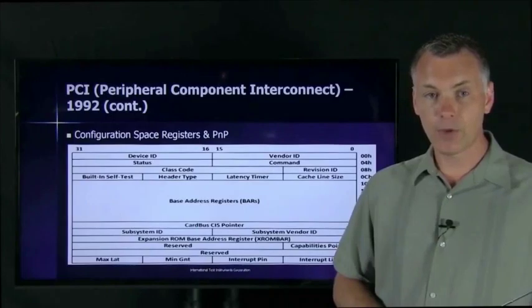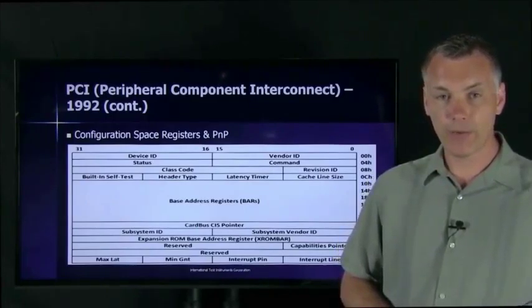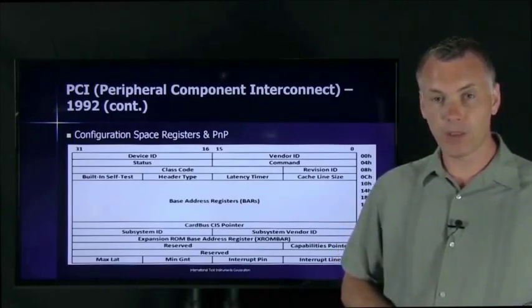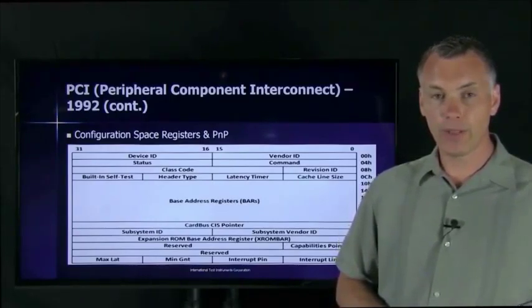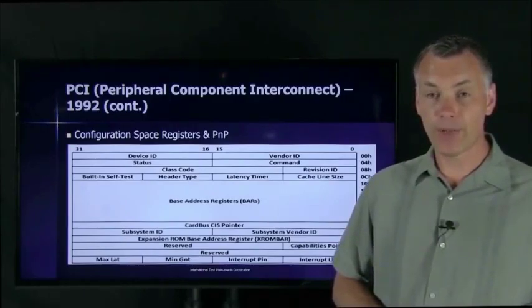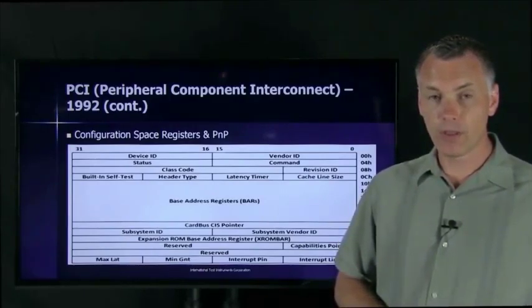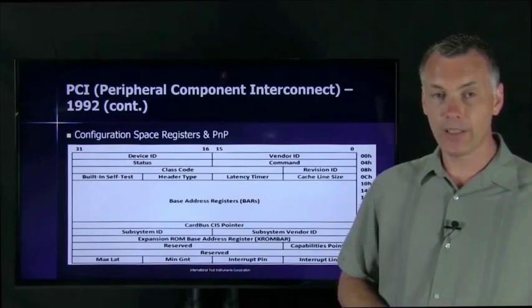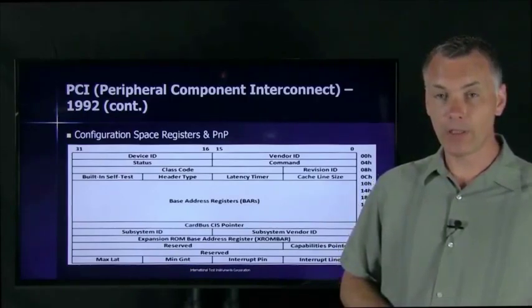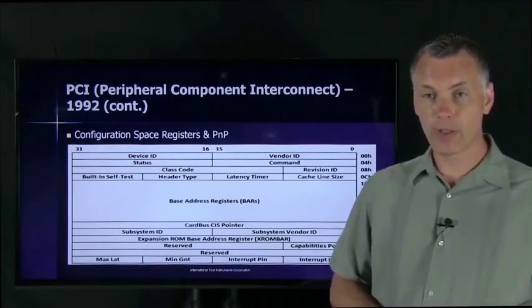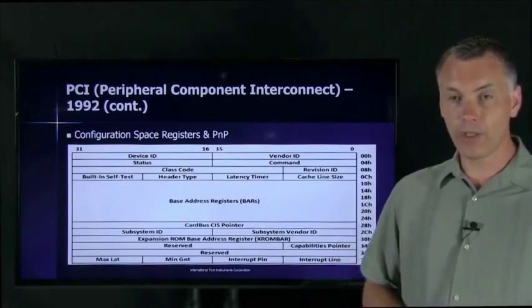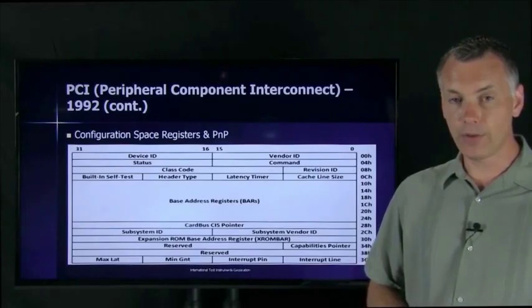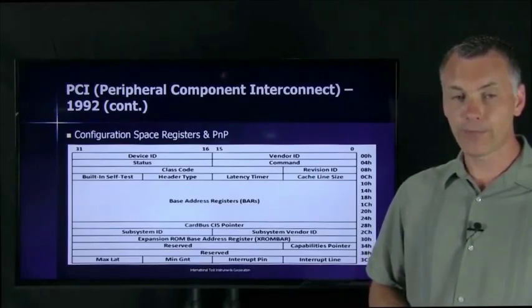This slide shows the configuration space registers. On PCI, you actually have 3 unique address spaces that can be used. The first 2 are the normal memory and I/O address spaces, which are used for accessing registers within the device that are related to the operation of your device.